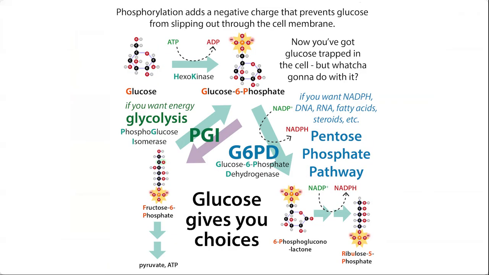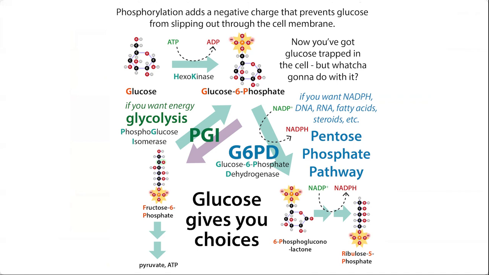Glucose can go a lot of different directions once you trap it inside of the cells. One of the main other ways it could go, other than glycolysis, is the pentose phosphate pathway. This is going to be used to make NADPH, DNA, RNA, fatty acids, steroids, etc. So there's all these other things we can do with glucose rather than just break it down for energy.